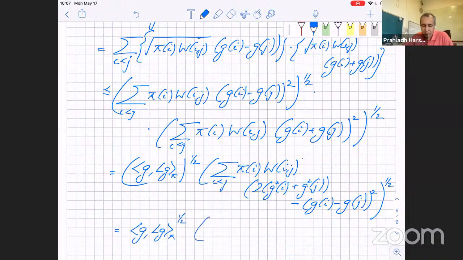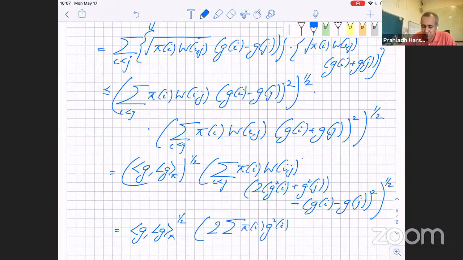What is this? I want to claim this is exactly twice summation pi i g square i.